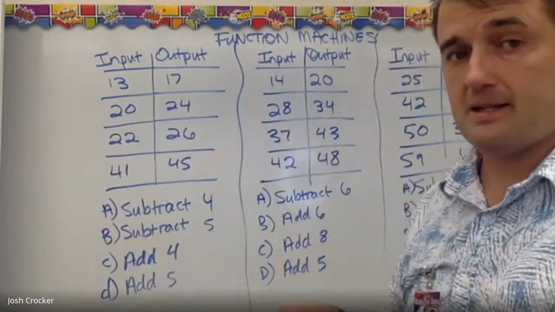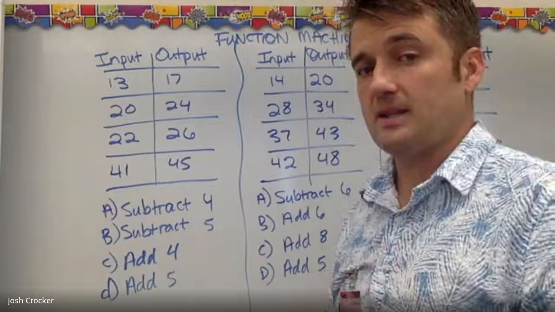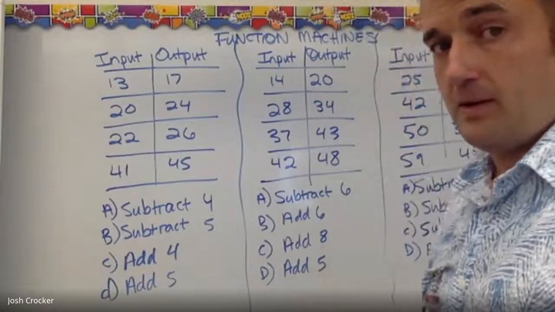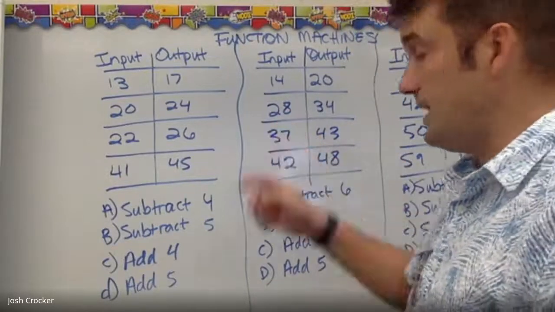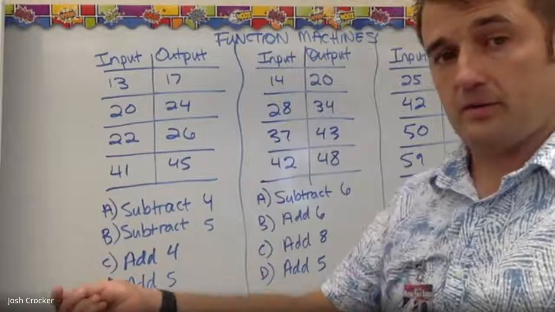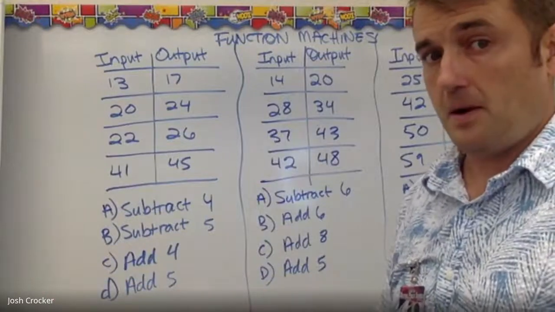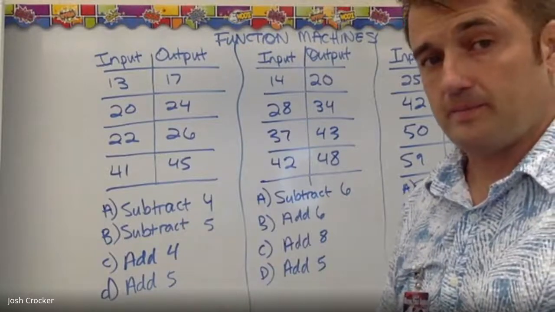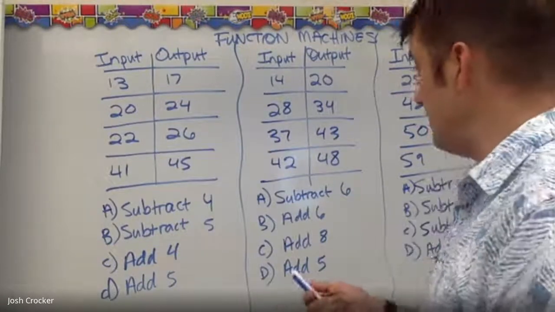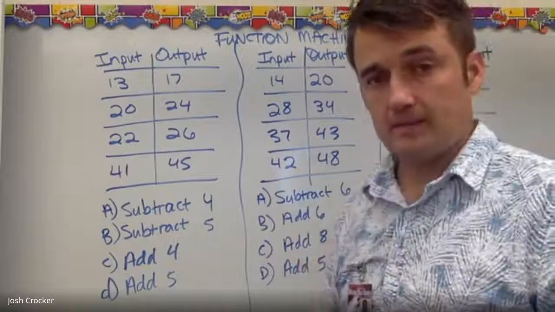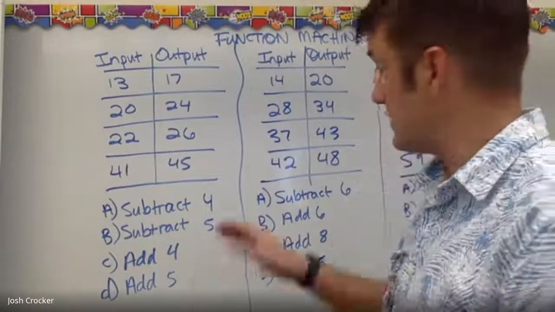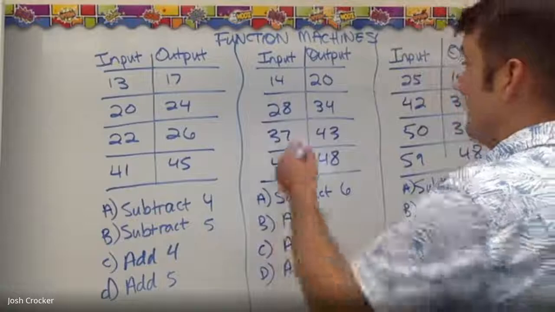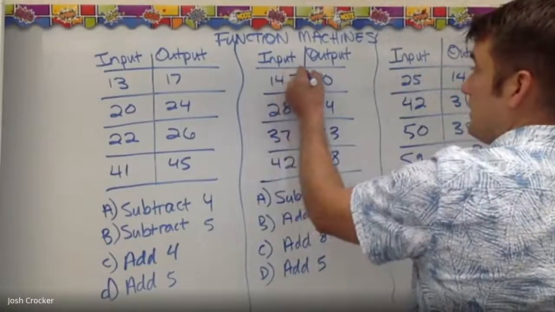And the idea is that the machine is doing the same thing each time. Okay, so we put in 28, it puts out 34. We put in 37, it spits out 43. We put in 42, it spits out 48. Okay, so that's how this works. You're going from here to here.